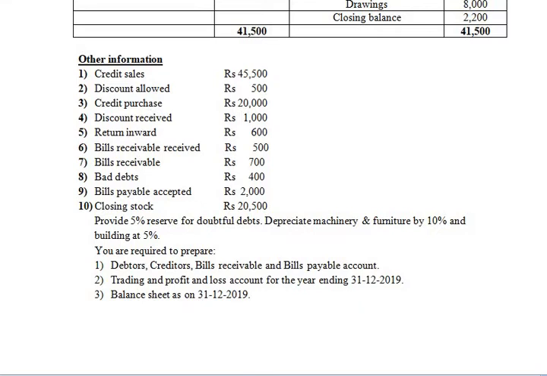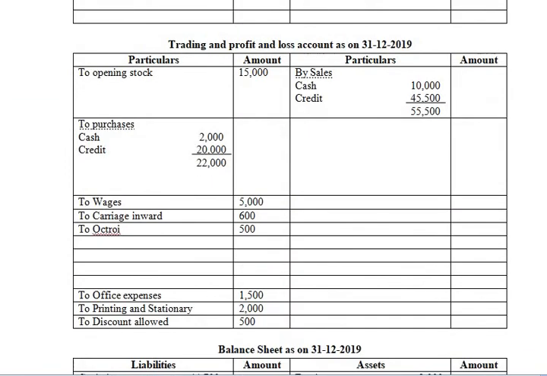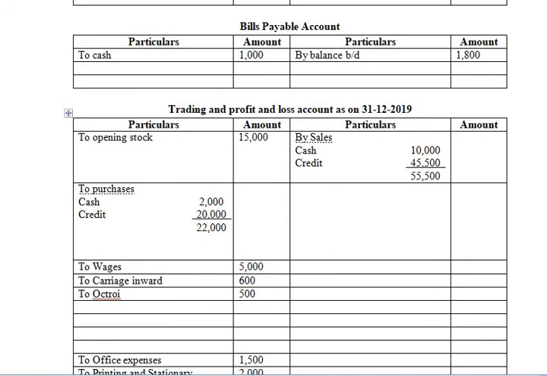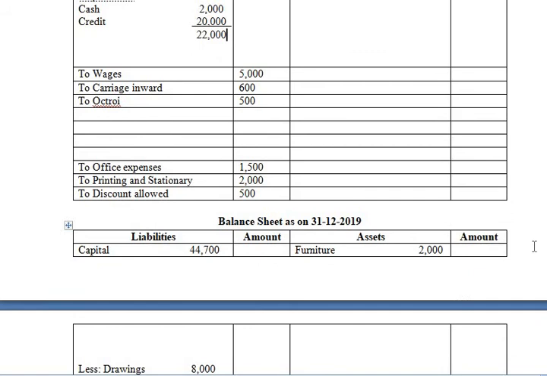Okay, so next, after cash purchase, what is the next information that has been given? Discount received. Now discount received is an income. Where will it come? Profit and loss account, debit or credit? Debit all the expenses, credit all the income. So profit and loss account, after you finish with this, you leave one line because we need to take down the gross profit.